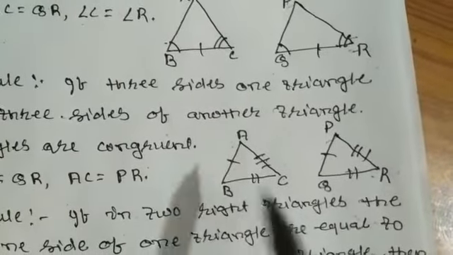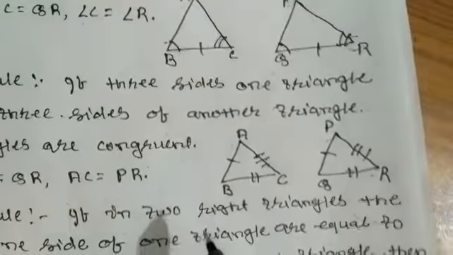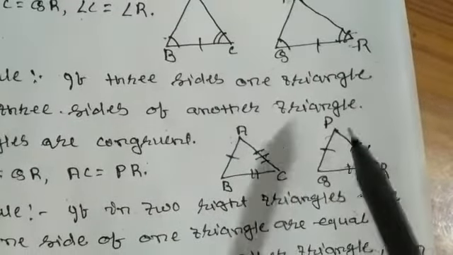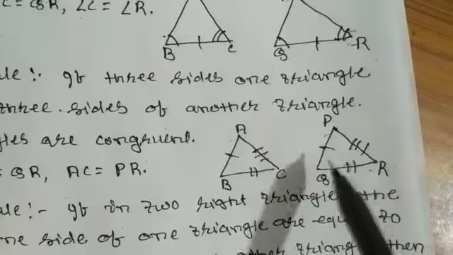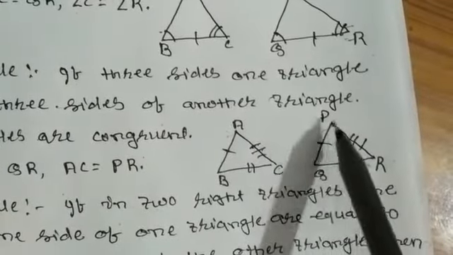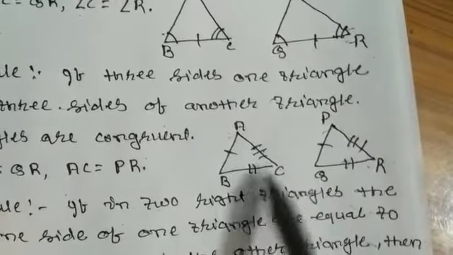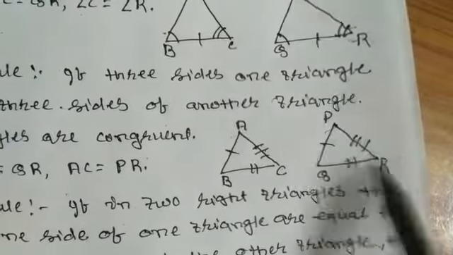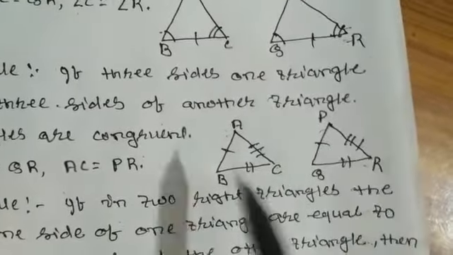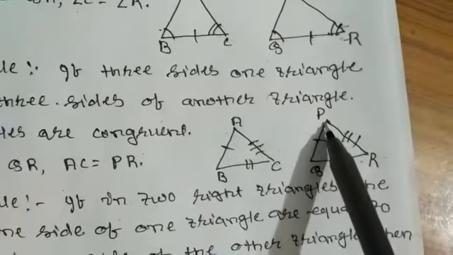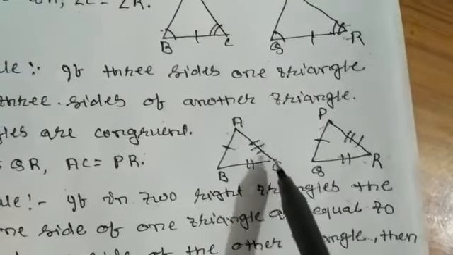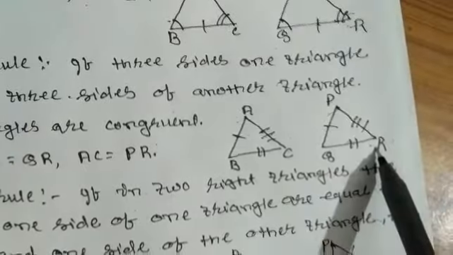So in this case, you can conclude that triangle ABC is congruent to triangle PQR. Here side AB corresponds to PQ, side BC corresponds to QR, side AC corresponds to PR, and vertex A corresponds to P, vertex B corresponds to Q, and vertex C corresponds to vertex R.